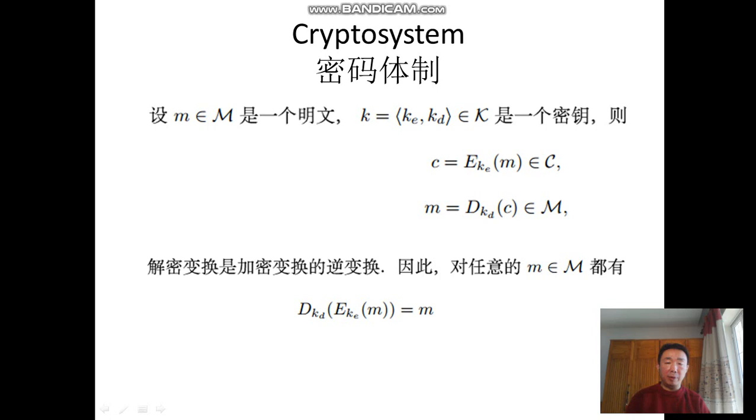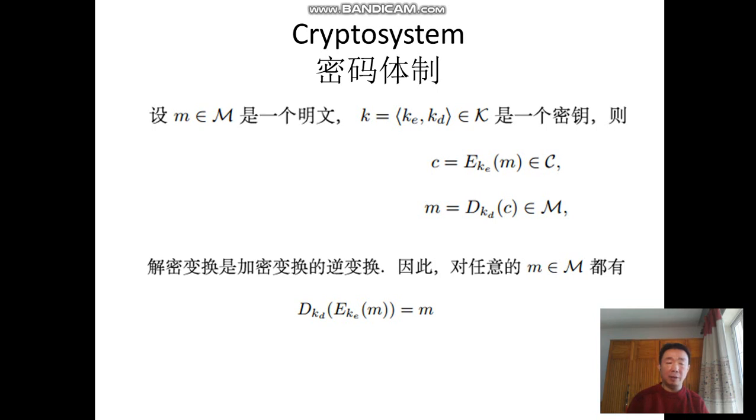Crypto system is the professional term for our usage. In a crypto system, there is a key, but you should remember the key, in fact, is a pair of keys, KE and KD.